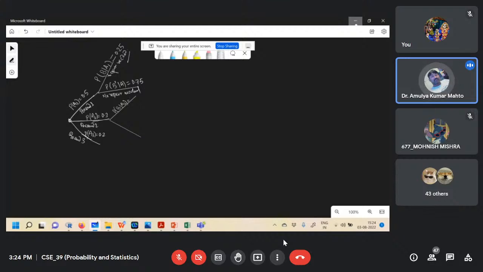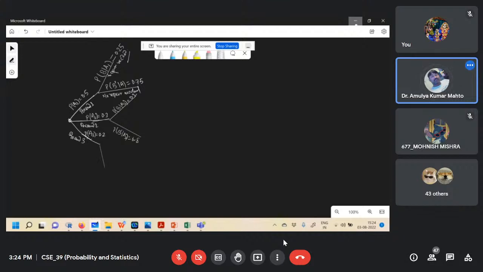This probability is 0.2. And this is the probability of does not need a repair, but of brand two. This probability is 0.8, because this one is 0.2. So what is left? It's 0.8.